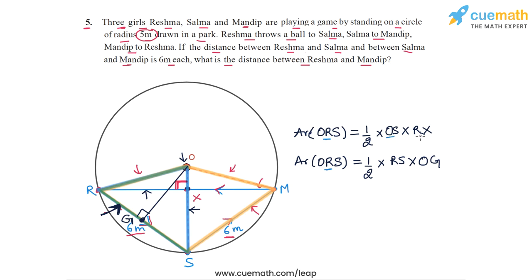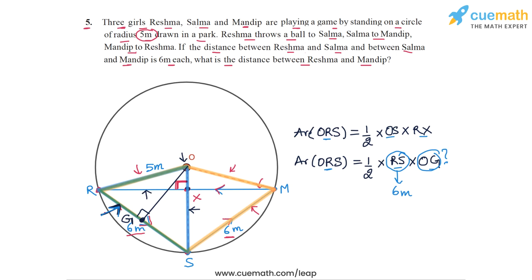Now of the 4 terms in these expressions, how many do we know? So we know RS, this is 6 meters. Can we find OG? OG is the perpendicular that we have dropped from O to RS. Yes, we can find OG, because to find OG we can apply the Pythagoras theorem to triangle ORG, and to do that we can note that OR is 5 meters and RG, which is half of RS.